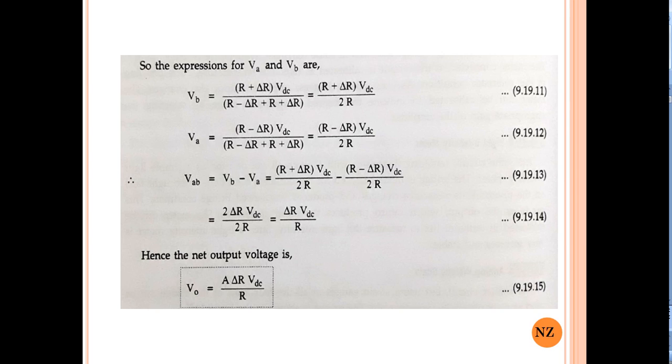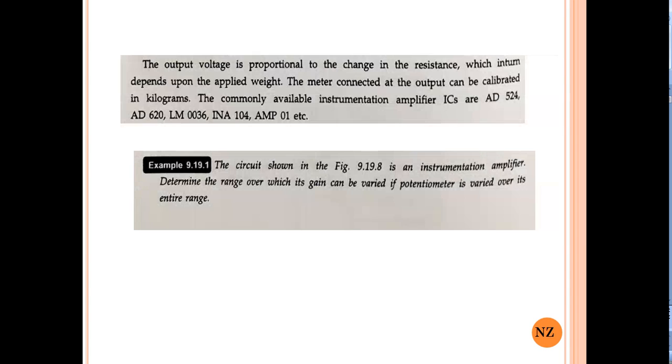So if there is any change in resistance, the output voltage also changes. That output voltage change will in turn depend upon the applied weight. So you're converting your applied weight to a voltage value. Change in weight will reflect the change in output voltage.